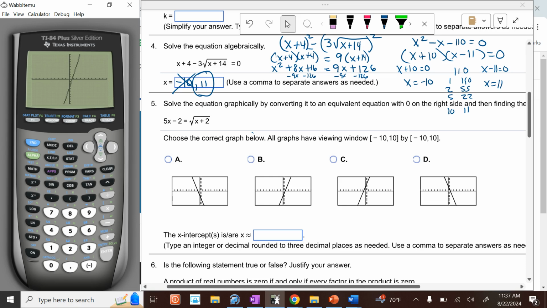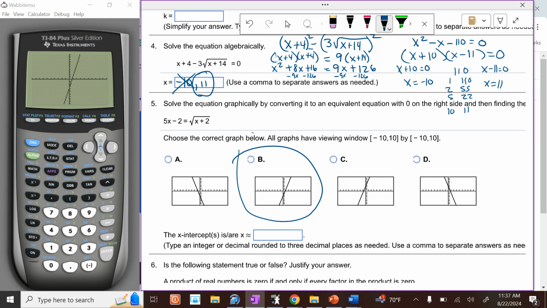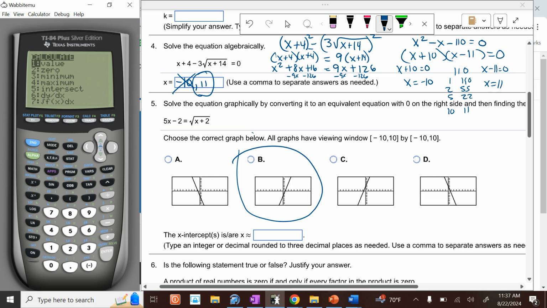Well, obviously it looks like graph B, right? So, where's the x-intercept? What's the word for x-intercept when I go second trace? 0. I want to find the 0 of the function. So I go to the left of it, hit enter. Go to the right of the x-intercept, hit enter, and hit enter again. And it's about 0.730.